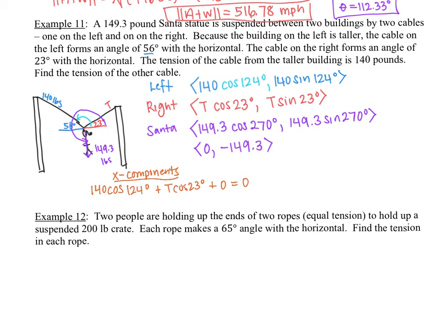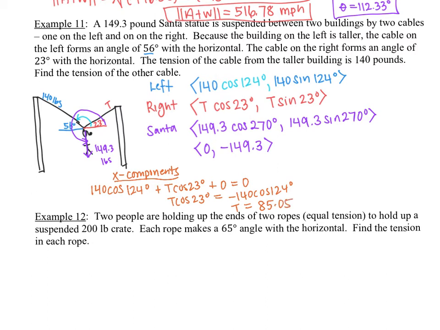So let me say T cosine 23 degrees equals negative 140 cosine 124 degrees. If you make these decimals earlier, that's fine; it just depends on the calculator you're using. So I'm going to do negative 140 cosine 124 degrees and divide by cosine 23 degrees to the other side.